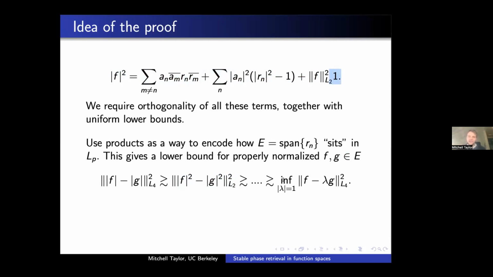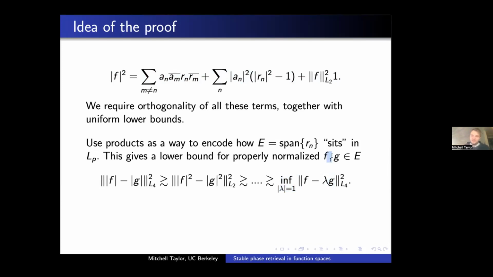And eventually I end up at an expression like this, because f is written as a series and g is written as a series, so maybe I can recover something like this. And it turns out you can do this. You have to pick your candidate for your phase appropriately.